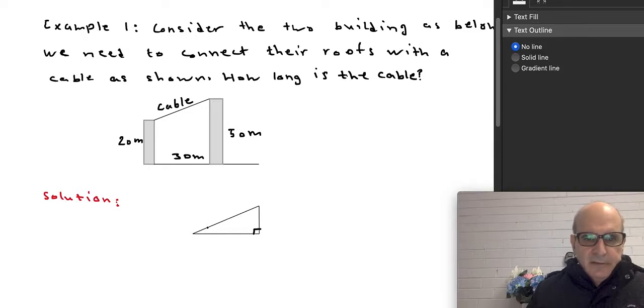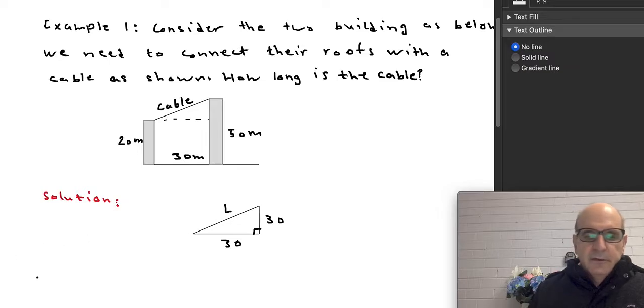This is the length of the cable. Let's call it L. This bit is basically this 30 meters. And this bit is the difference between the height, because this is 50 and this is 20. From here to here is 50, from here to here is 20, so 30 is left for this bit. So that's 30 again.